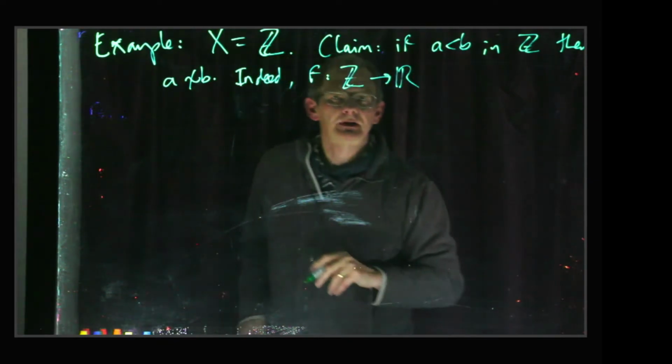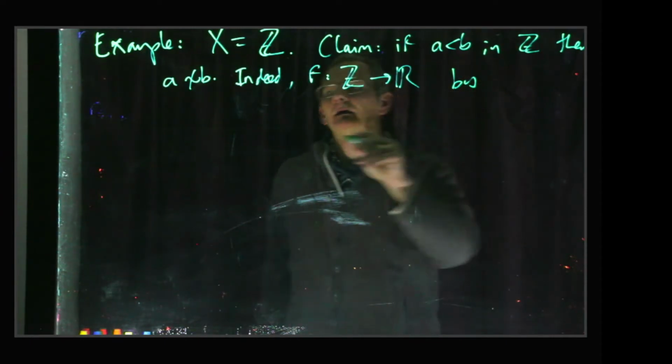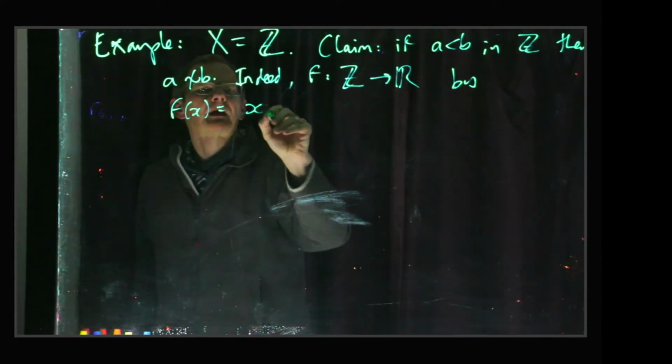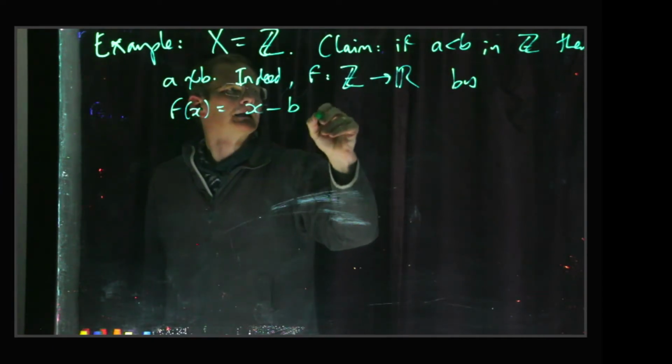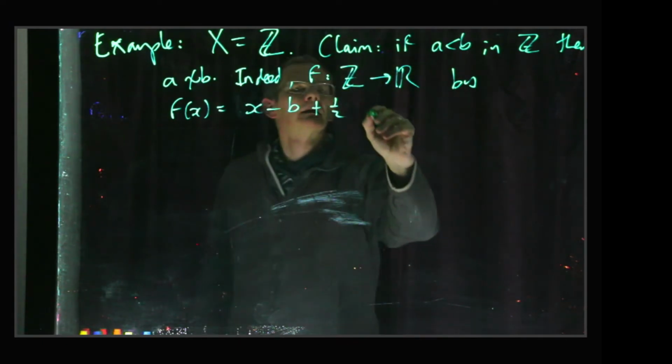So in particular, we can just define a function f from Z to R by f of x, say, is x minus b plus a half.